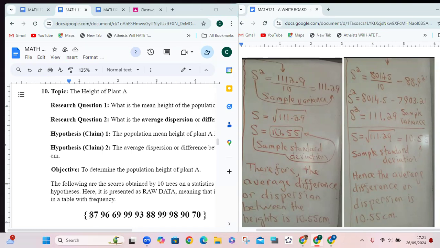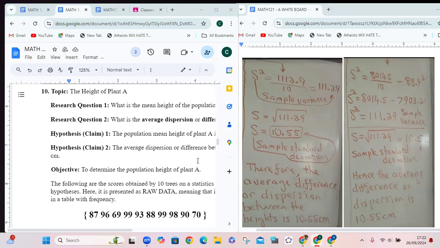The data is saying that the average difference or dispersion between the heights, in other words the standard deviation, is 10.55. We repeated that with another method, method 2, which says basically the same thing: the standard deviation, the average dispersion, is 10.55.